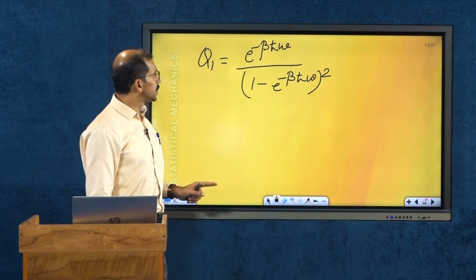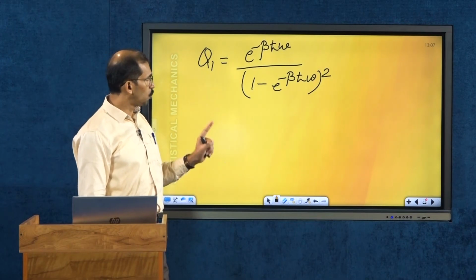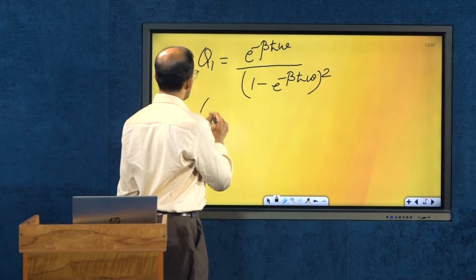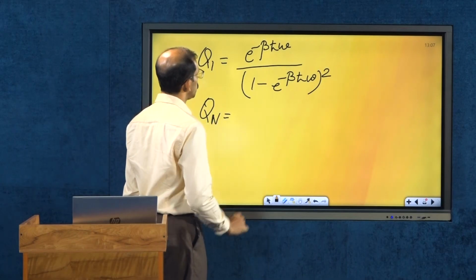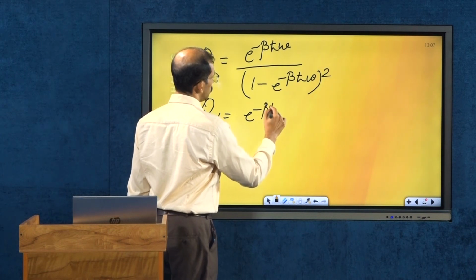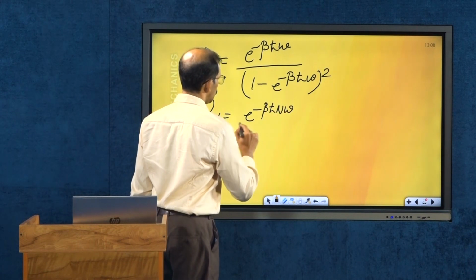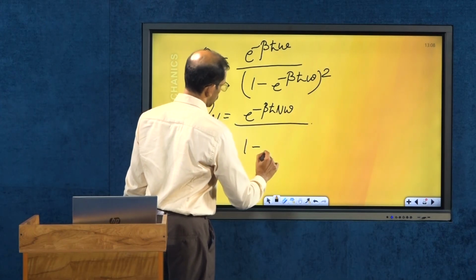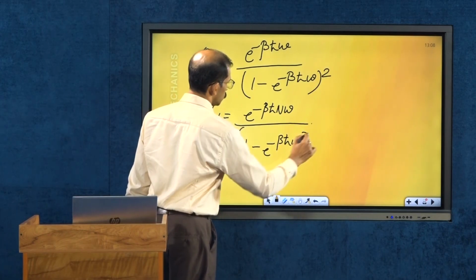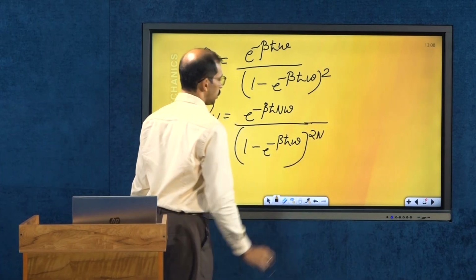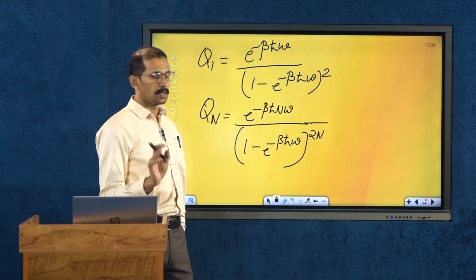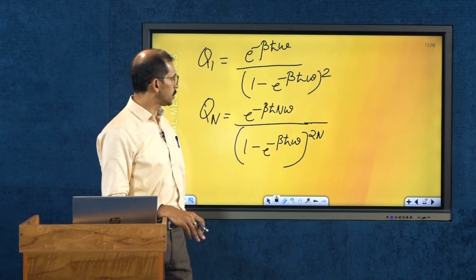So this is the expression for the single particle partition function in the case of a 2D quantum mechanical harmonic oscillator, and correspondingly I can write the n particle partition function as Qn equal to e raised to minus beta h cut n omega divided by 1 minus e raised to minus beta h cut omega, raised to 2n, right? So this is the expression for the n particle partition function for a quantum mechanical 2D harmonic oscillator.